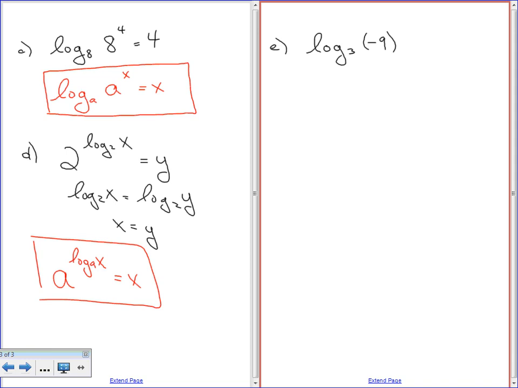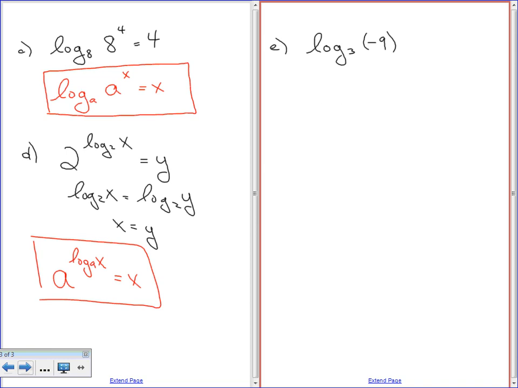Tiger? -1 to the power 2, that? But remember, the base has to be 3, right? So what exponent do I have to put on 3 to get -9 as an answer?